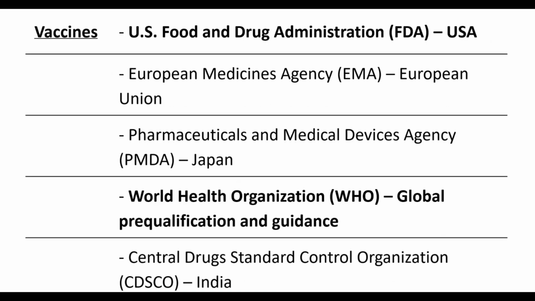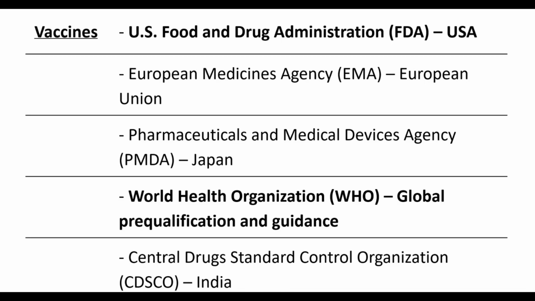For vaccines, again, the US Food and Drug Administration controls all medicines and food additives and other chemicals in the USA. The European Medical Agency, EMA, again is for vaccines and medicines. In Japan also, pharmaceuticals, medical devices and vaccines are controlled under the same organization.